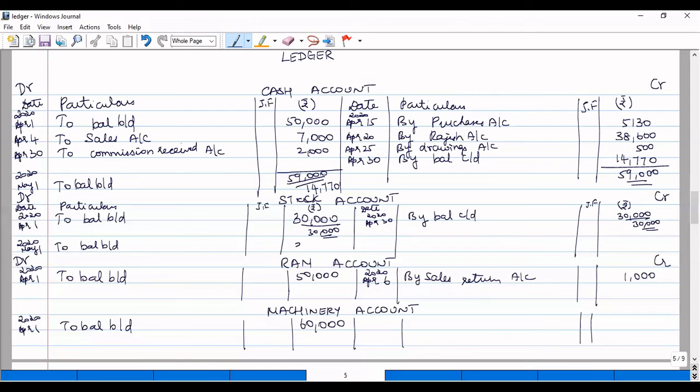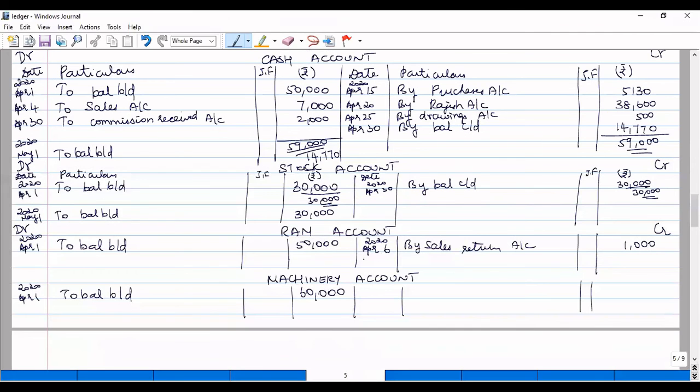Okay, 30,000. Then for Ram's account, we may have 1,000 reduced. So 49,000 will be the amount which Ram has to pay. So on May 1st, the balance brought down for Ram, or the opening balance, will be 49,000.